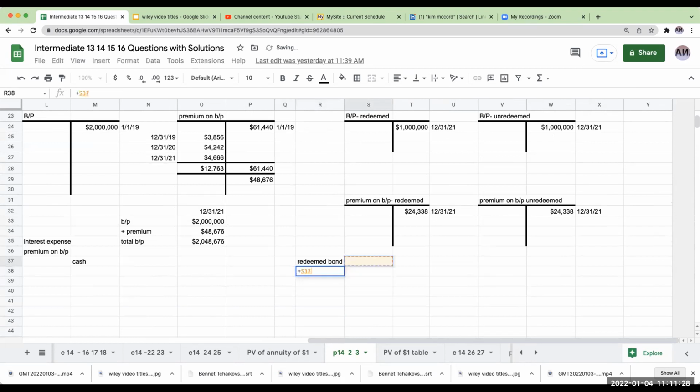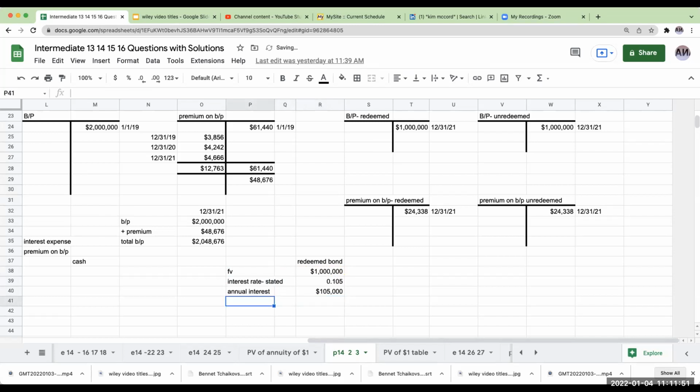It has a face value of $1 million. My stated interest rate is 10.5%. So the annual interest on the redeemed bond is going to be 105,000. This is annual though.